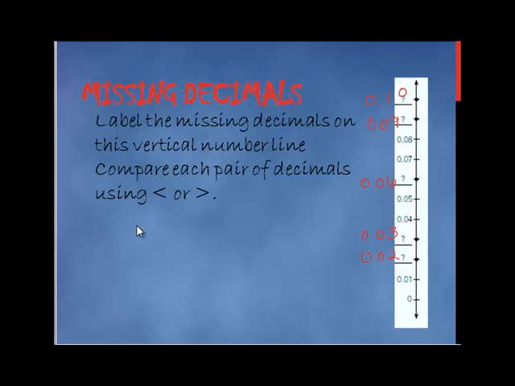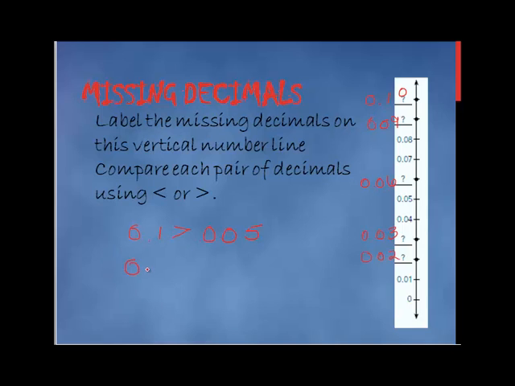So let's compare. Is 0.1 greater than or less than 0.05? So is 1 greater than or less than 5? Remember vertical number lines? The values go up. So 0.1 is greater than 0.05.